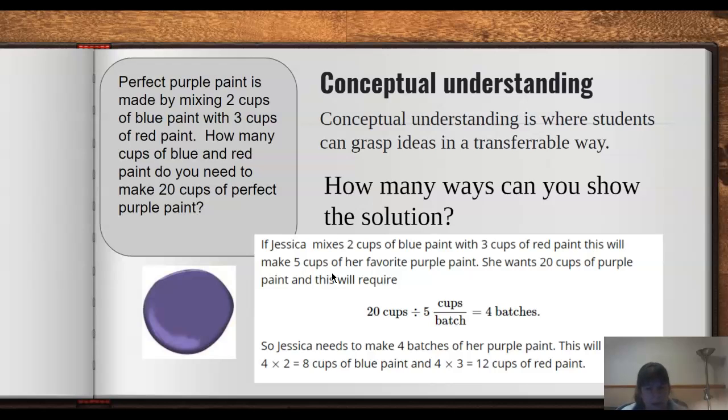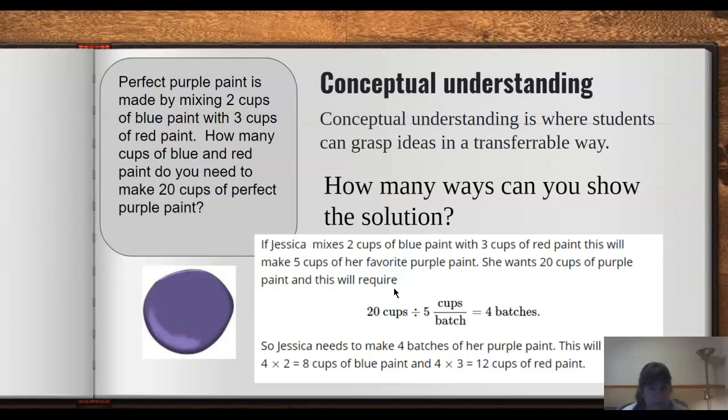Well, typically speaking, what we have right here below is what we do in our classroom. I've done this when I've taught math: the kids apply some reasoning, 2 cups of blue paint to 3 cups of red paint, and they come up usually after some time with the idea that it produces 5 cups of paint, and that 5 cups of paint should be purple. Then they do some basic math.